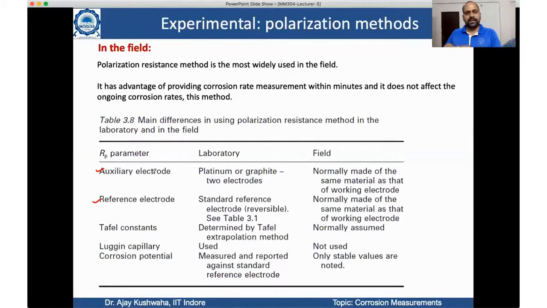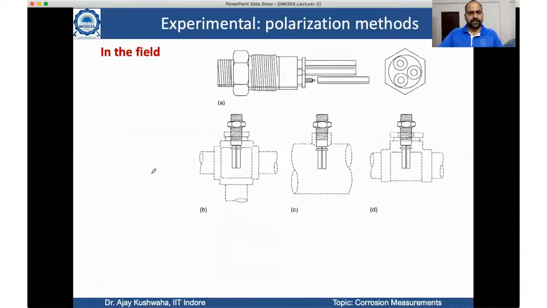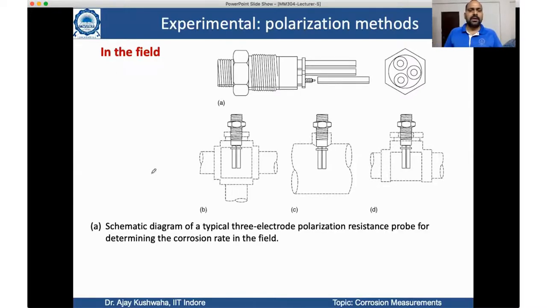All three electrodes are the same material, the Tafel constants are normalized or standard ones, and for corrosion potential we just take standard values or only stable values, not going into detail. This kind of setup can be deployed in the field if we are interested in using a polarization resistance based method to analyze corrosion. Figure A demonstrates a typical 3-electrode polarization resistance probe.